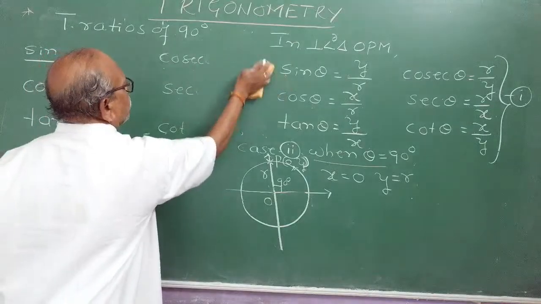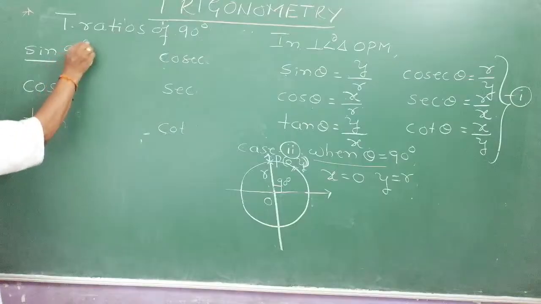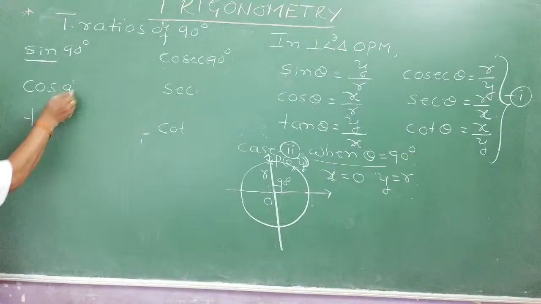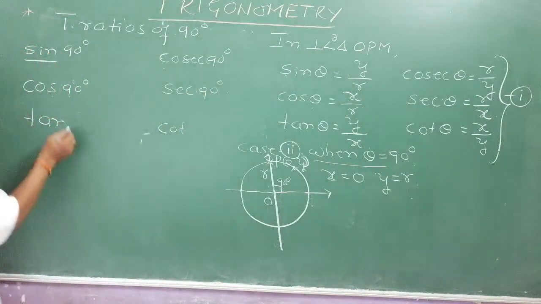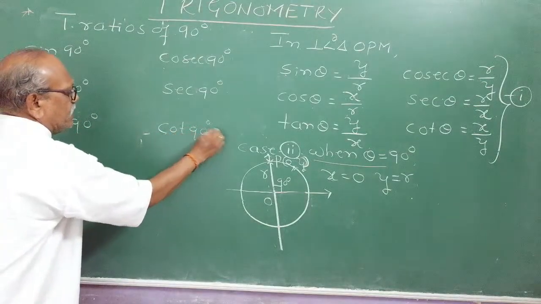Let me write sine 90 degree, cosec 90 degree, cos 90 degree, sec 90 degree, tan 90 degree, cot 90 degree, right?